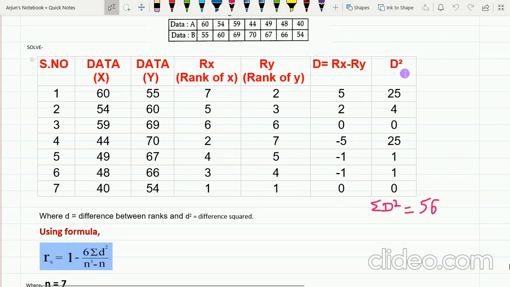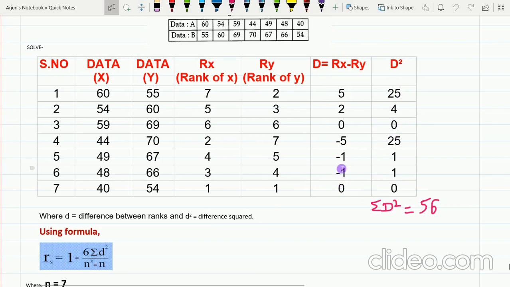Now what is this D square? It is the difference squared. We are going to square this whole column. 5 squared is 25, 2 squared is 4, 0 squared is 0, minus 5 squared is 25, 1 squared is 1, 1 squared is 1 and 0 squared is 0. Fine.